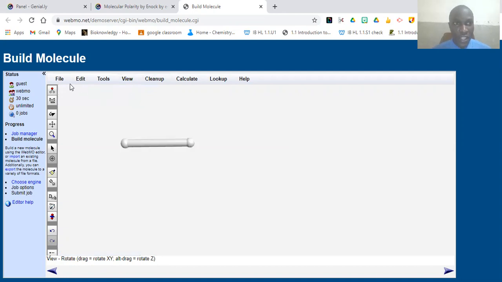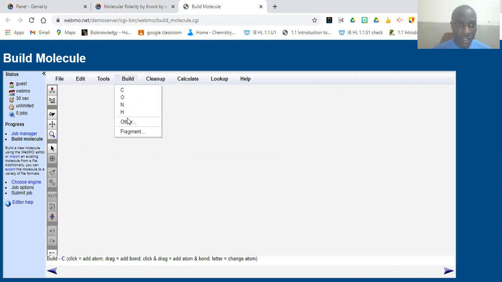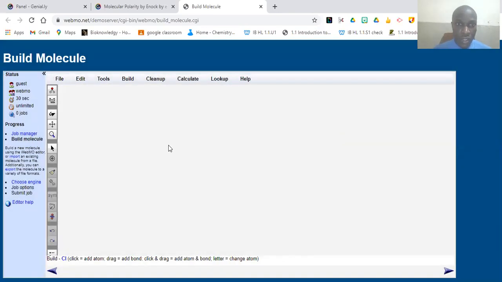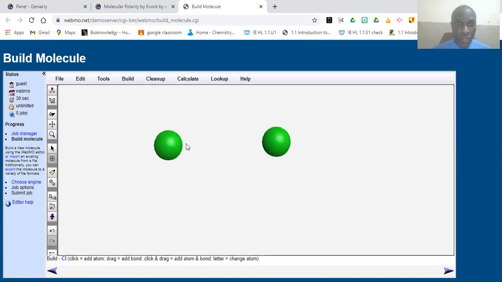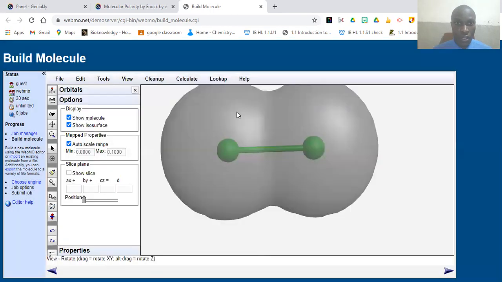Let me give you another example. Let's look at chlorine gas. Let's build chlorine. So that is a chlorine atom. This is a chlorine atom. Let's try to form a bond in between. So that is chlorine gas. And let's try to check out the distribution of the electron density around its atoms.